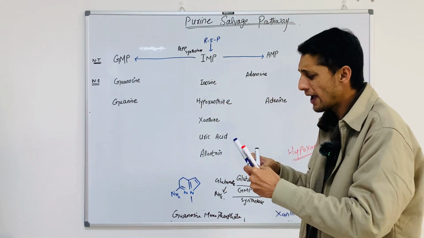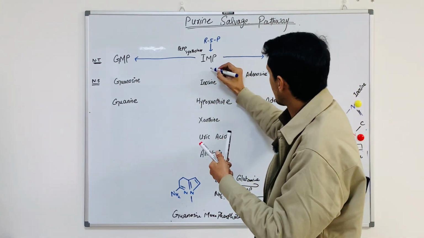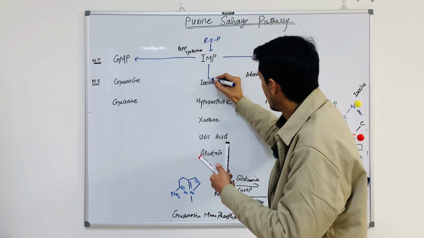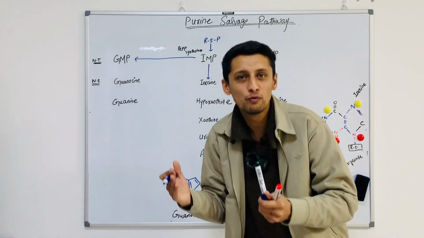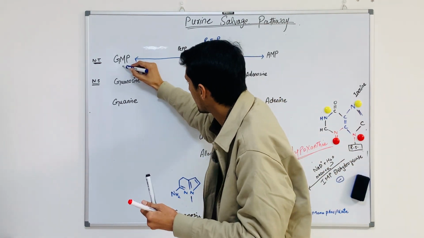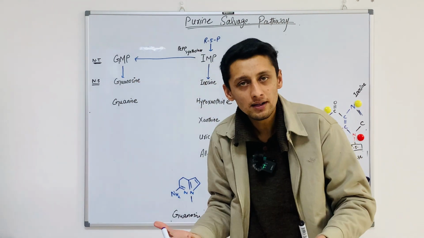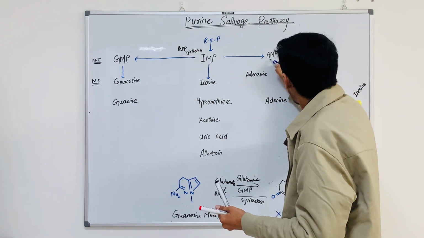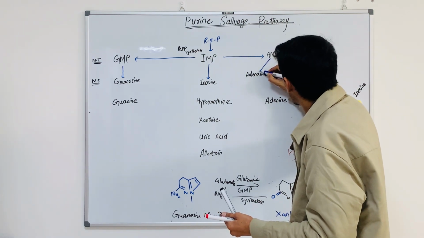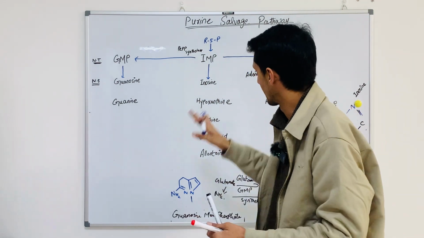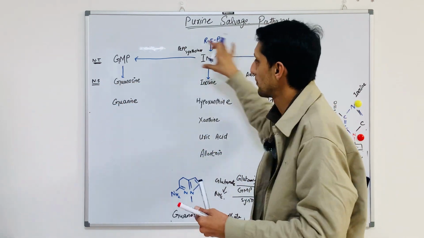These are the nucleosides. IMP degrades into inosine by just removing a phosphate. Similarly, GMP is degraded to guanosine just by removing a phosphate. Similarly, AMP into adenosine by just removing a phosphate. We make the nucleosides from the nucleotides.